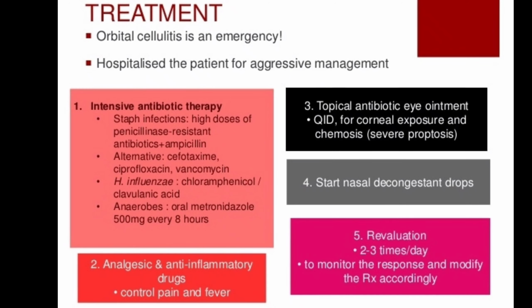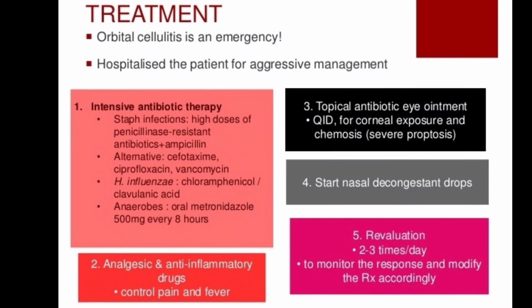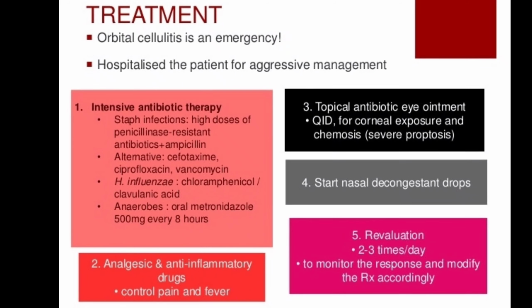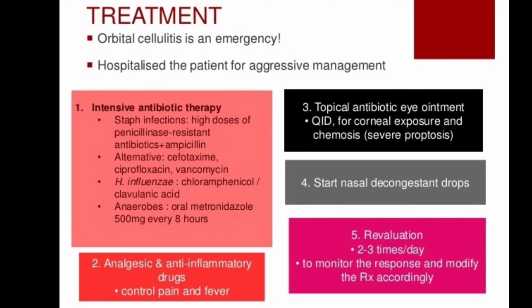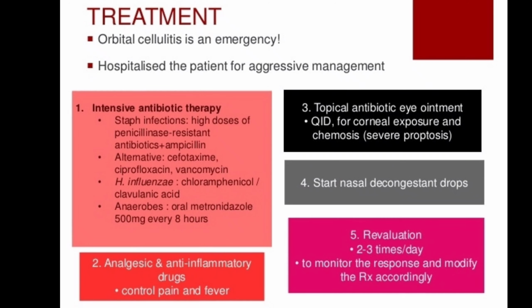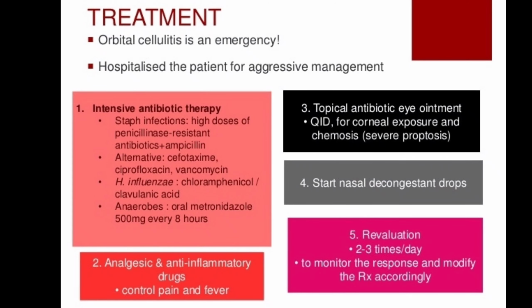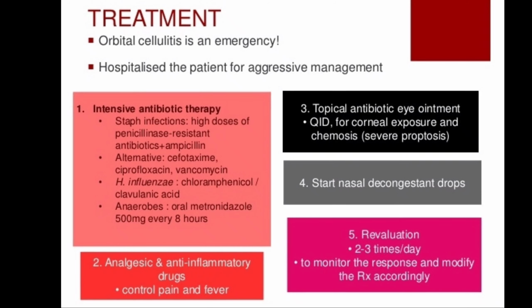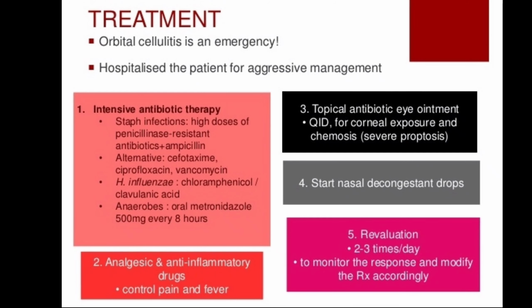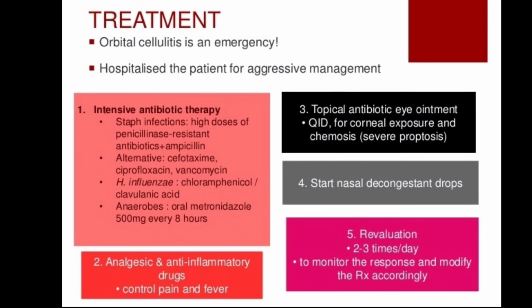And you have to look for dacryocystitis in the neonate because this is the underlying cause, and sinusitis for all children, and you have to look for complications: meningitis, cavernous sinus thrombosis, brain abscess, ophthalmoplegia, or optic neuritis.